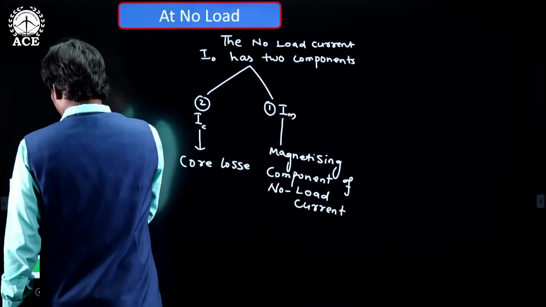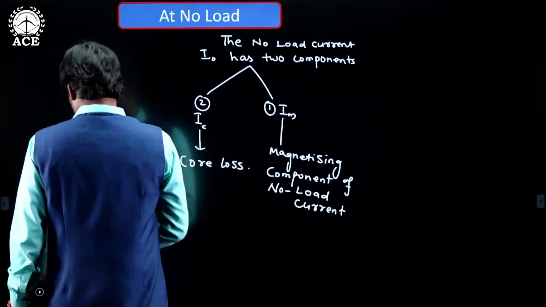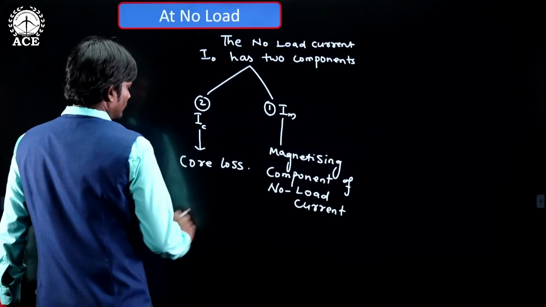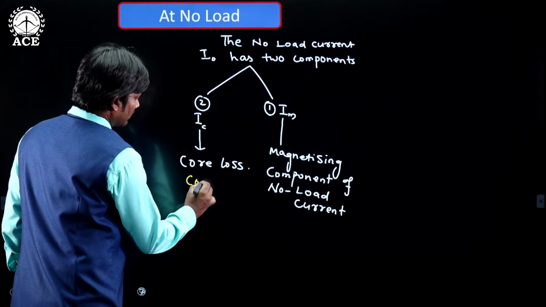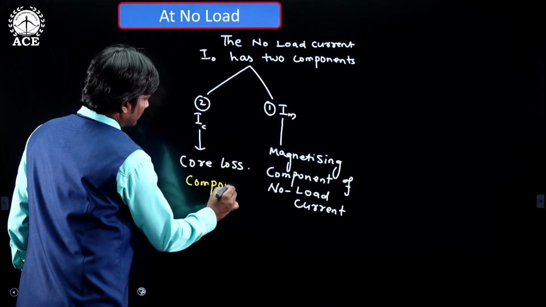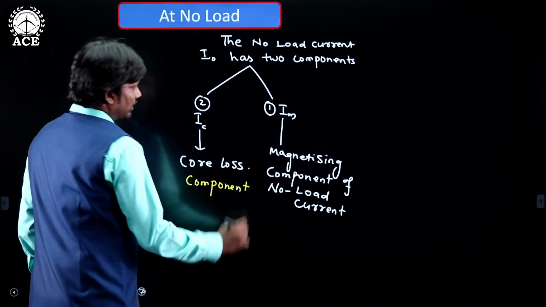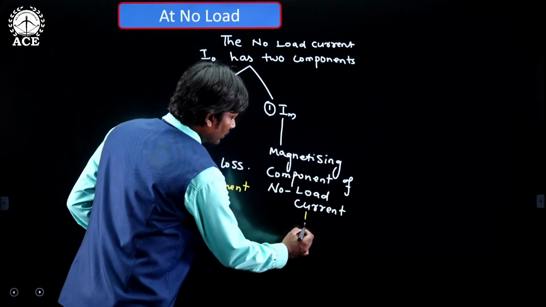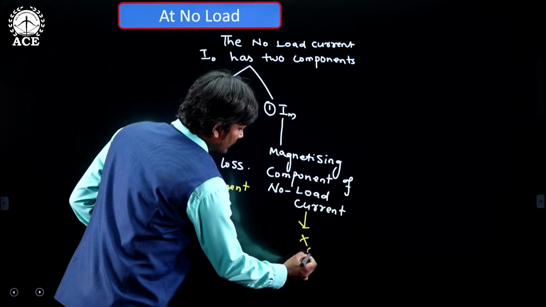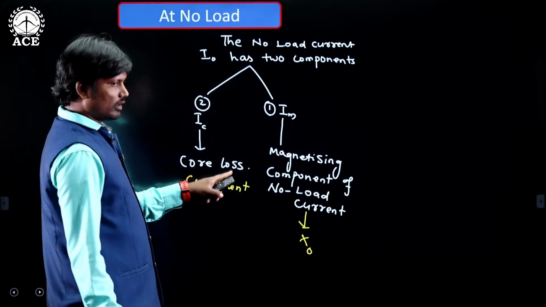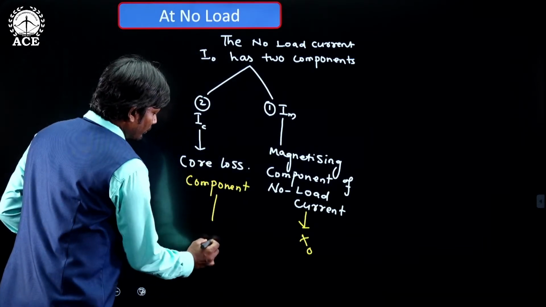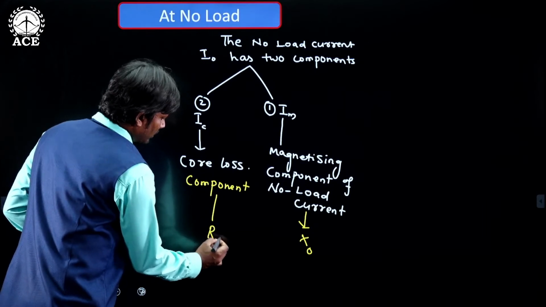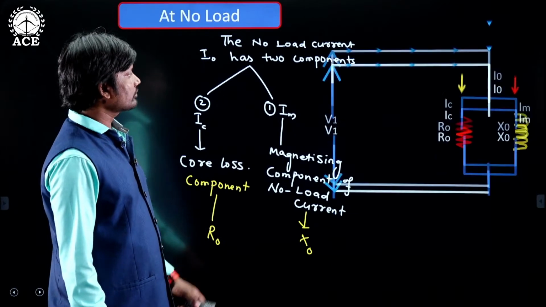The magnetizing current is assumed to flow through the X naught, and this core loss component is assumed to flow through the R naught as shown in the figure.